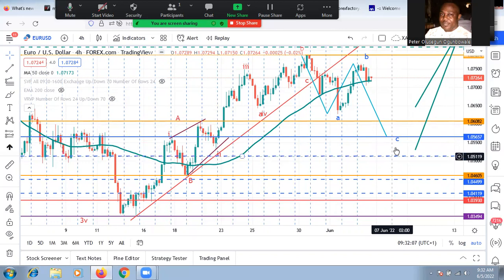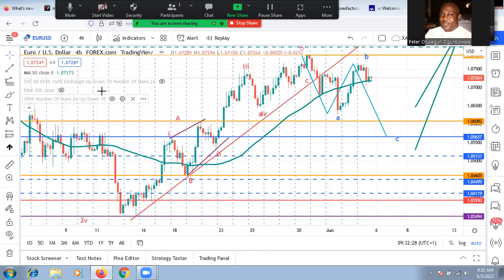But I'm not just expecting that this structure will be enough to complete these, because I'm suspecting that they're going to frustrate us and do rubbish in the middle. So if they're going to do rubbish in the middle, I will expect this is an X leg to go up.